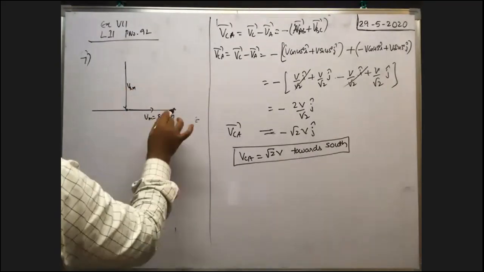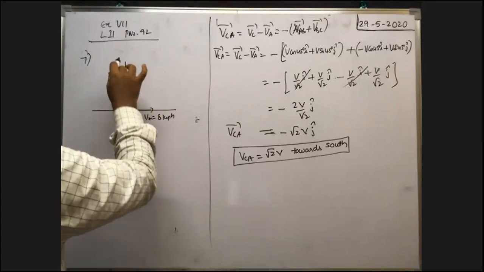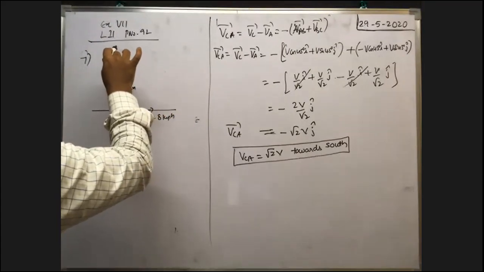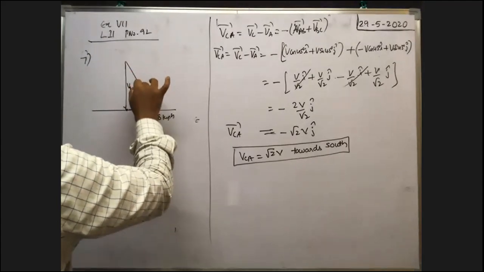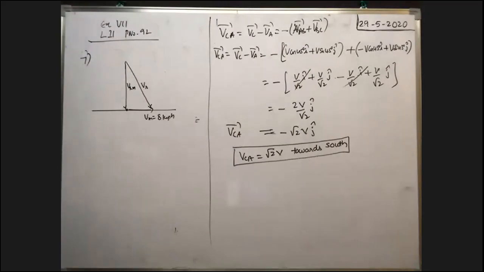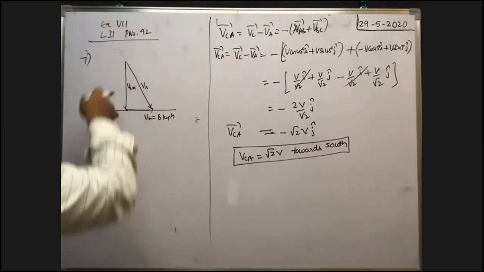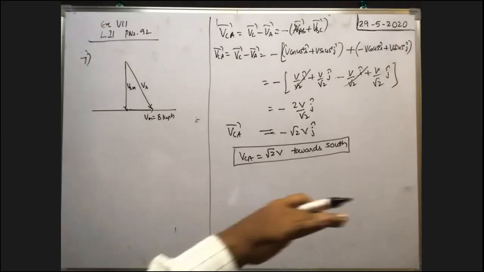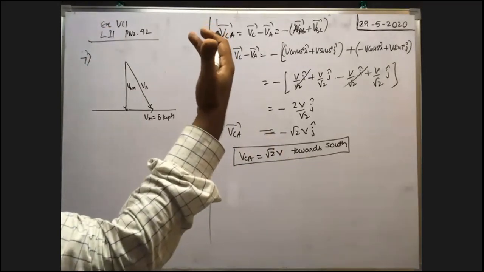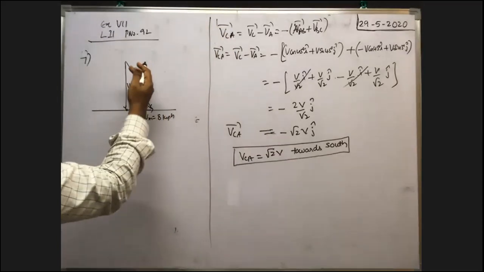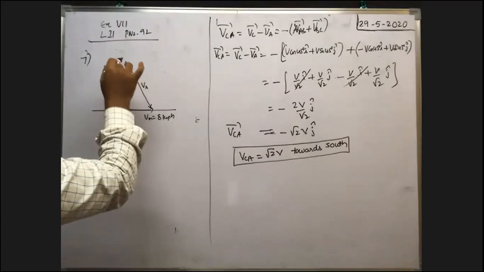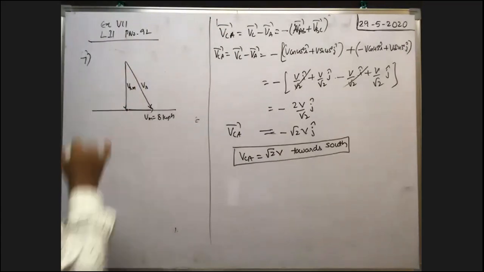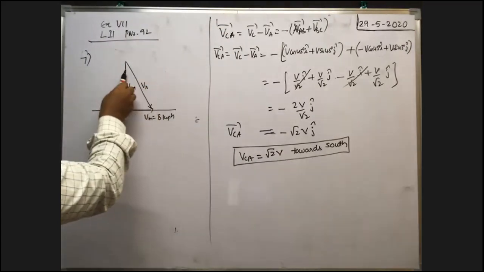Whenever the man is moving in this direction, it is possible to have the relative velocity of rain with respect to man vertically downwards. Suppose the actual velocity of the rain is in this direction, then the relative velocity of rain with respect to man is possible along the vertical direction, because when he moves like this, the rain appears to make an angle less than the actual angle. That means definitely it appears like this.